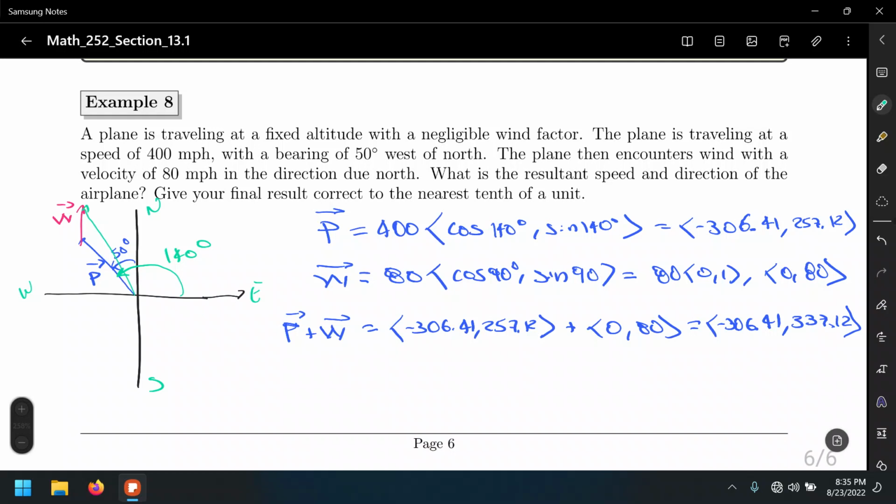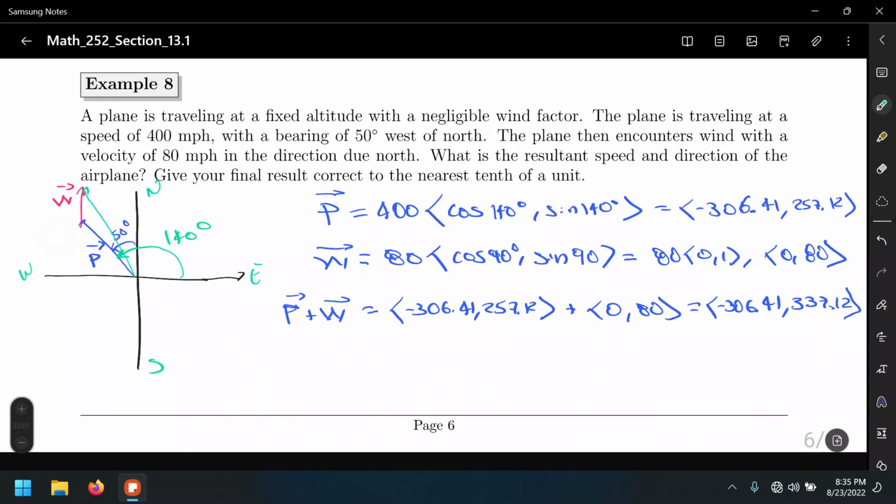Negative in the x direction, positive in the y direction, just to check the consistency of the calculations with the picture. But they're asking for the resultant speed. Again, it's not clear what they are really asking, so we also need to express the magnitude of this vector.